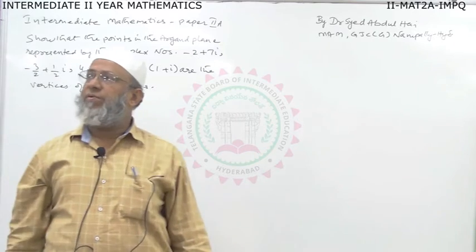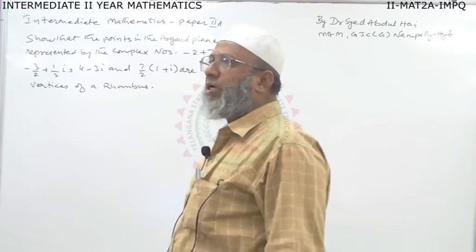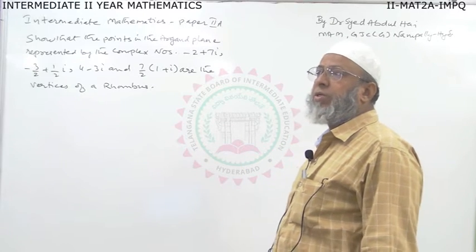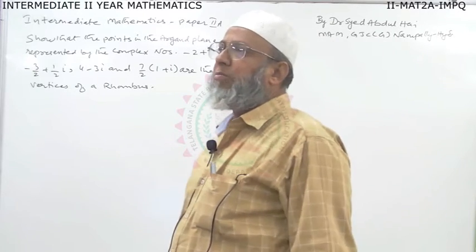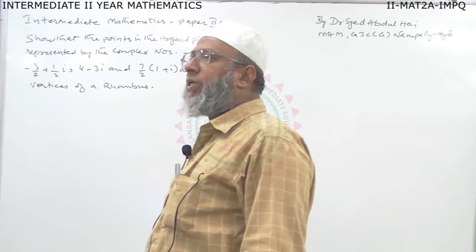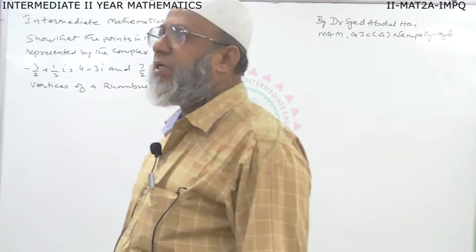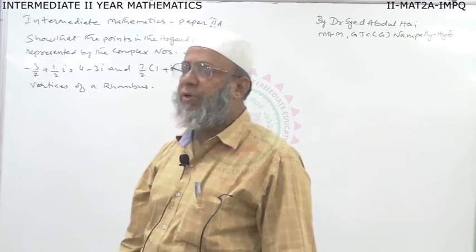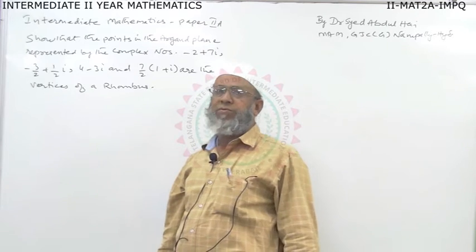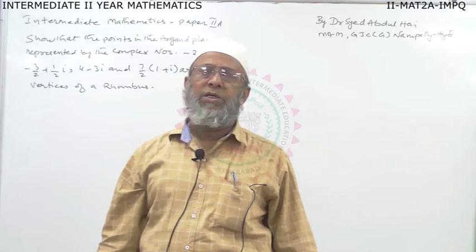Now, what is given? So that the points in the Argand plane represented by the complex numbers minus 2 plus 7i, minus 3 by 2 plus 1 by 2i, 4 minus 3i and 7 by 2 into 1 plus i are the vertices of a rhombus. You know the properties of a rhombus and the difference between a rhombus and a square.